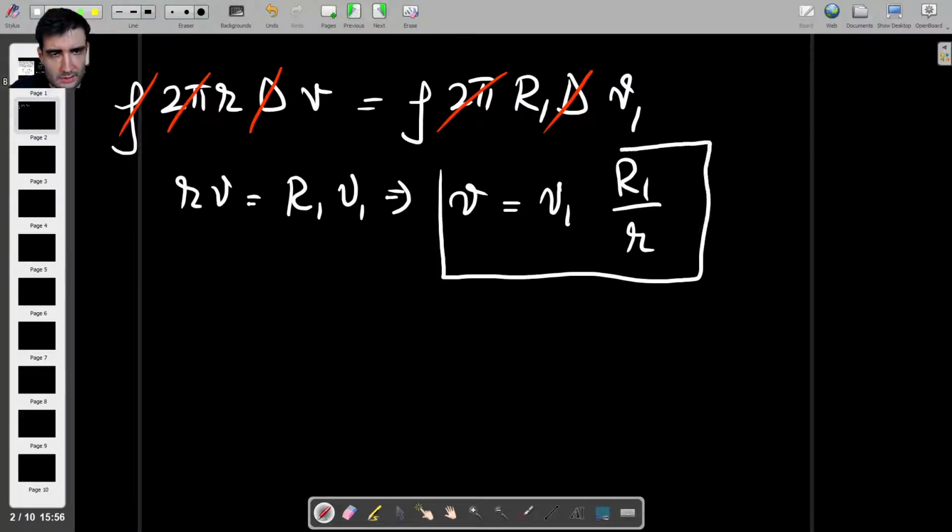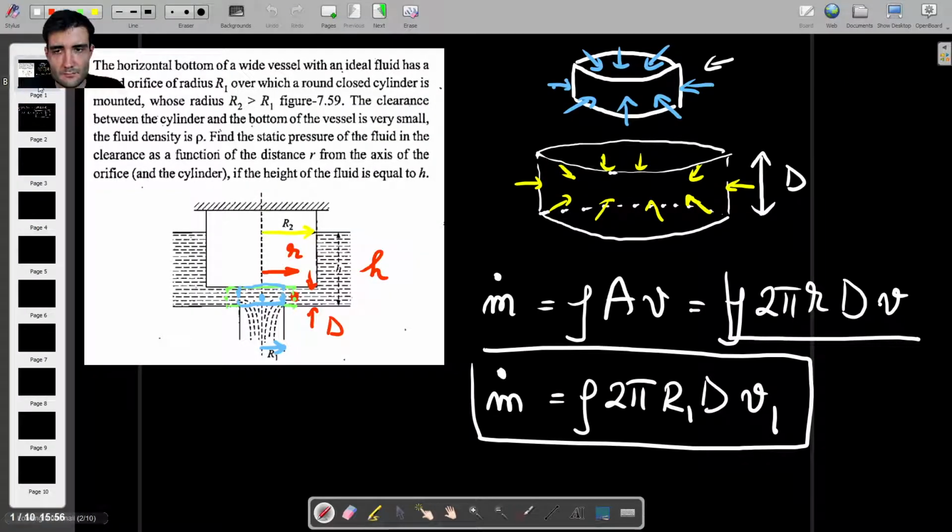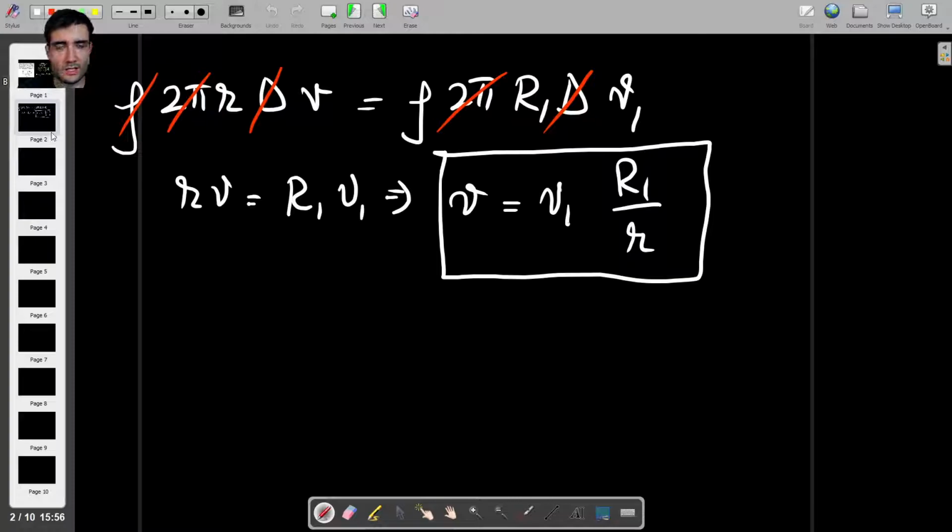So this tells us how the velocity changes as we measure the radius away from that vertical dotted line. We have an expression for the velocity of the liquid at any distance r away from that axis of symmetry. But that's not what the question is asking us.